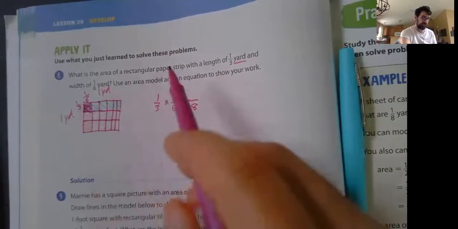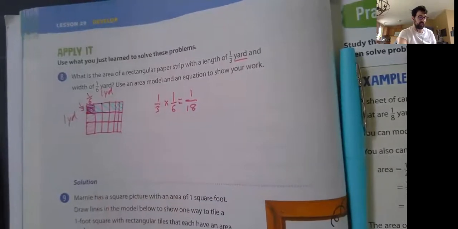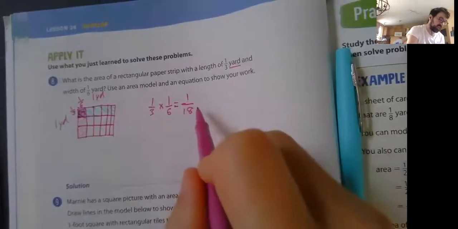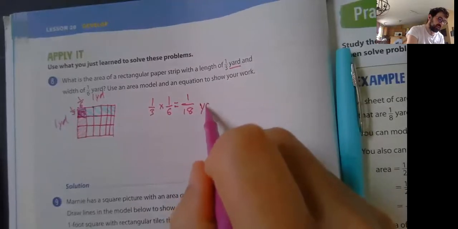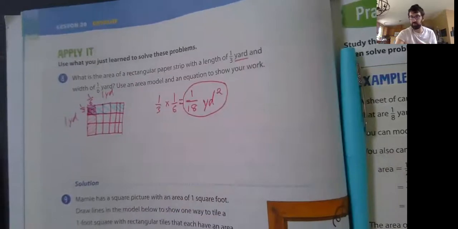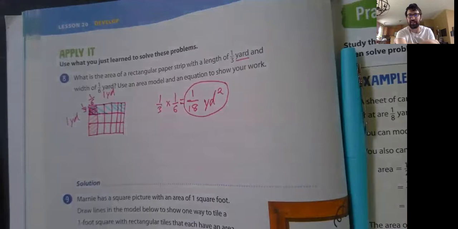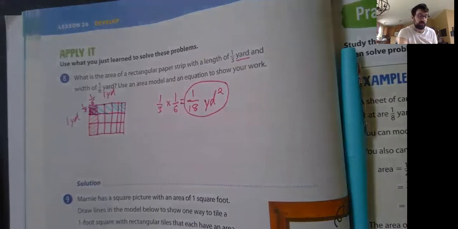There's one of them. There, 1 times 1 is 1. Kind of showing that this equals 1/18 square yard. There's our answer. Okay. Well, sorry, not 1/8, 1/18. I wrote 1/18 and just, it's morning, it's early.